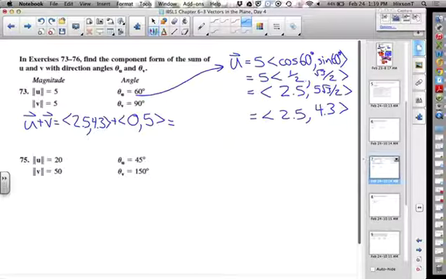So again, we're just adding the component vectors. The challenge of these is actually finding what those component vectors are in the first place. Then it's just a matter of adding them together. Which isn't too bad.